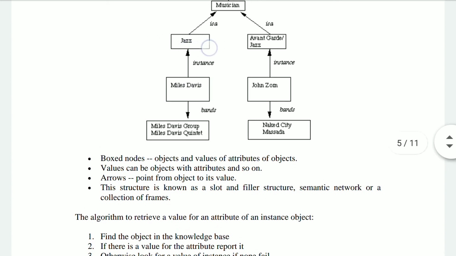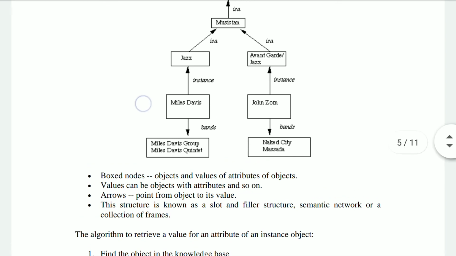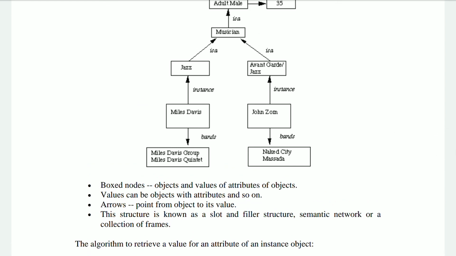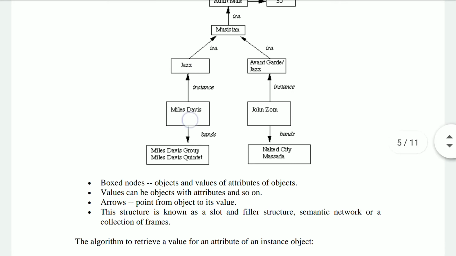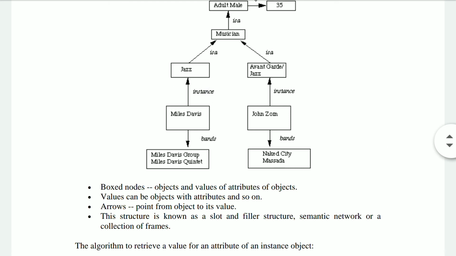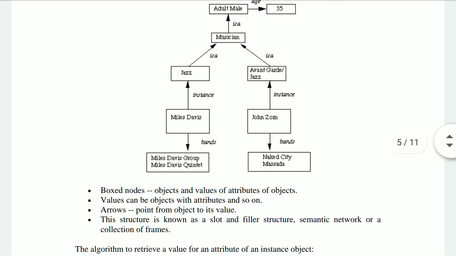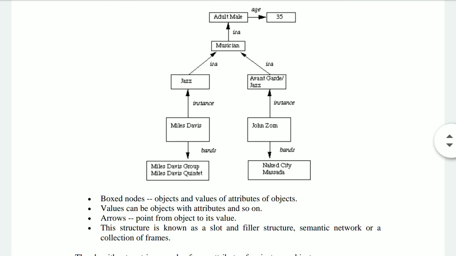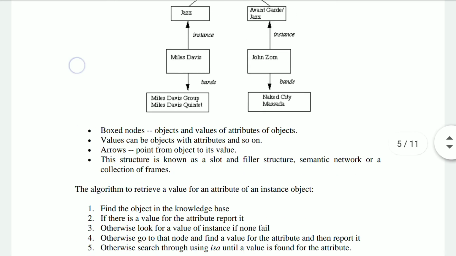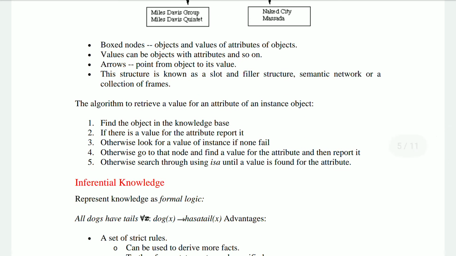If it is there, it is okay. If it has further chaining and we can come up with its is-a value, then I can say that Miles Davis's further specified value, going through the instance and is-a inheritance, is musician and adult male. So the algorithm says: find the object in the knowledge base.